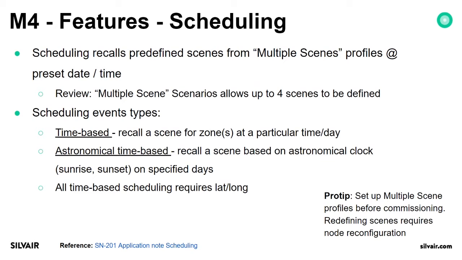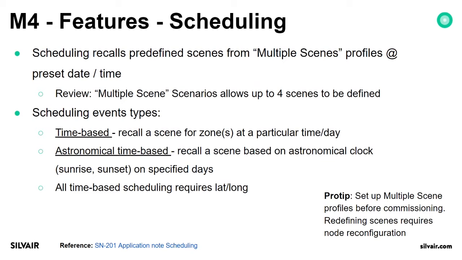For scheduling, we have the following types. Time-based, to recall a scene for zones at a particular time of the day. Astronomical time-based, recall a scene based on astronomical clock, sunrise, sunset on specified days.